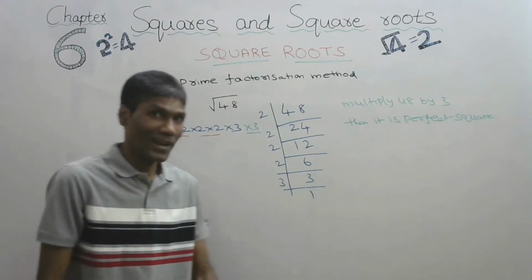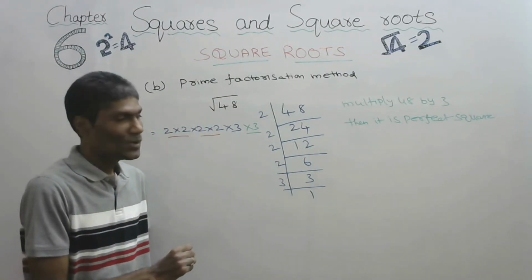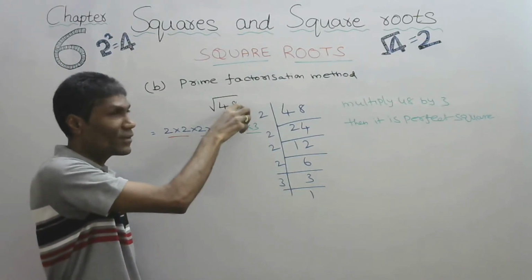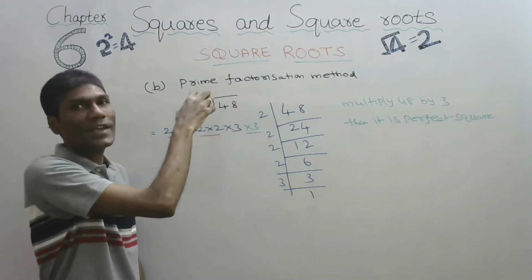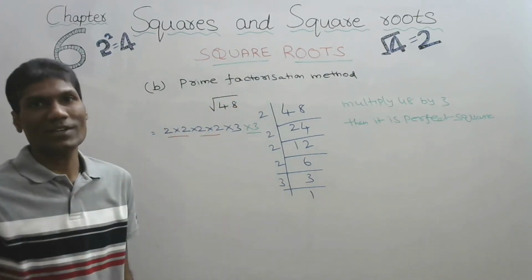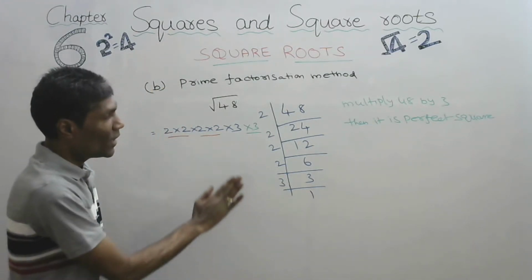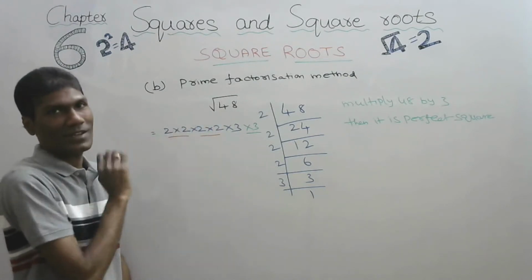Next, if anybody asks you, what is the number with which we have to divide so that 48 becomes a perfect square? That is, if we remove some number, then all pairs are there.